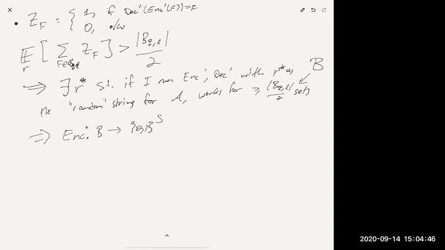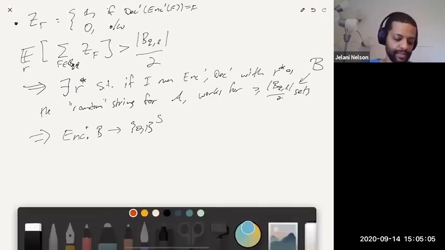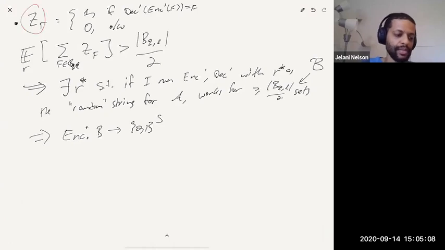Oh, okay. The decoding and encoding works on over half of them. Well, the probability that it works is over half. So for any fixed F, I can define this random variable Z_F, and that random variable is 1 with probability more than a half. That was what I got out of Markov. So it's 0 with probability less than a half.